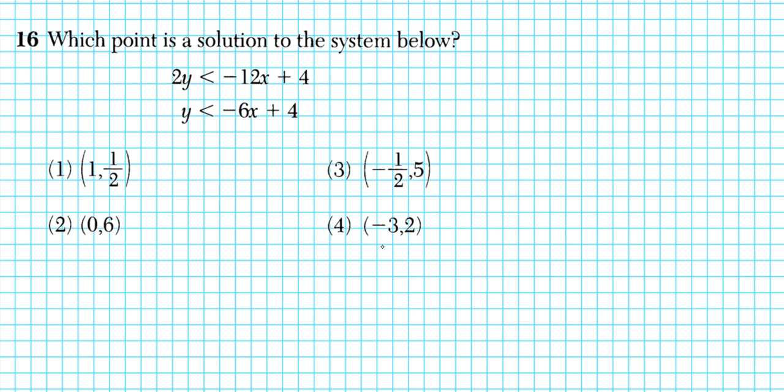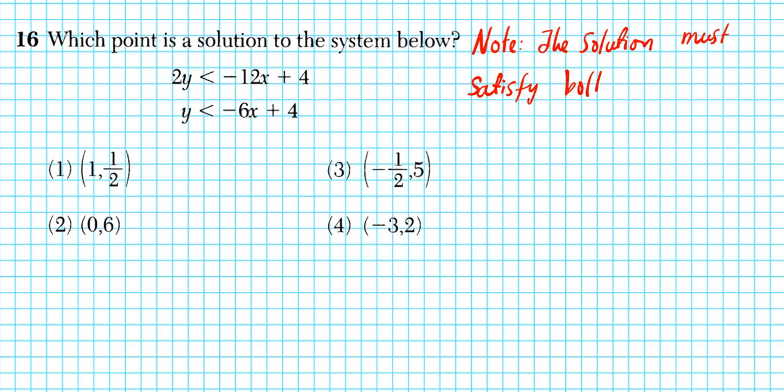The one that is a solution to the system below is the coordinate pair that satisfies both inequalities. Okay, so something to keep in mind, you want to note that the solution must satisfy both inequalities.